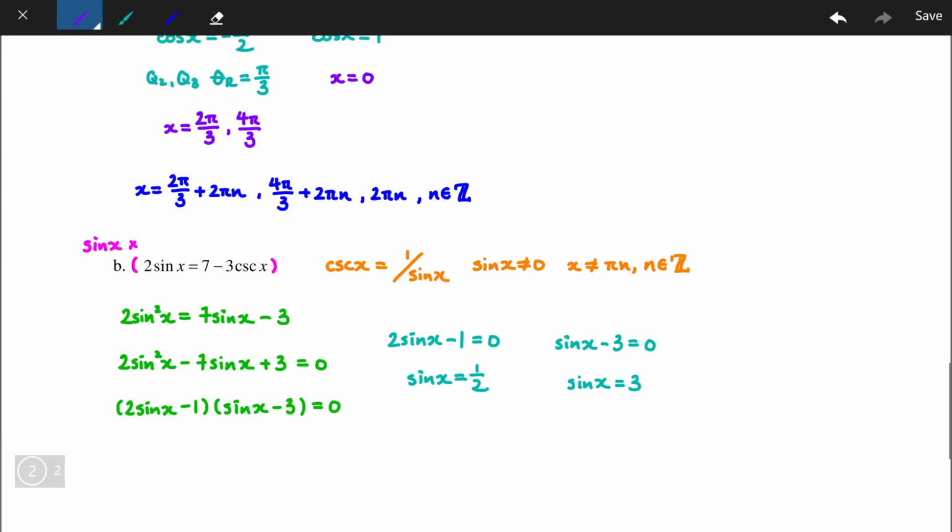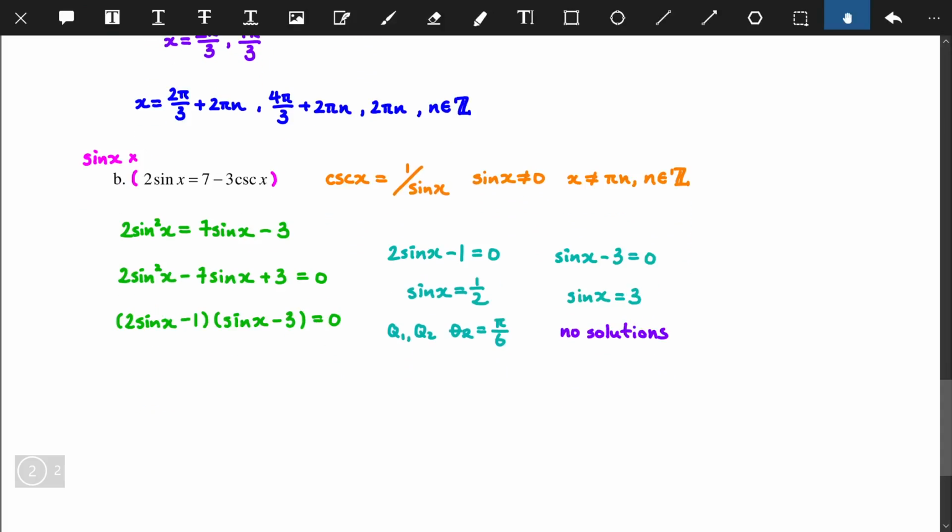That makes the question a lot easier. Now we just have to deal with sine x equal to 1/2. And as usual, we know that this is in quadrant number 1 and also quadrant number 2, and the reference angle is, once again, pi over 6.